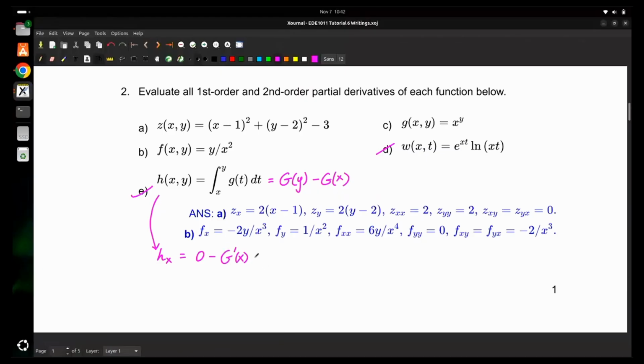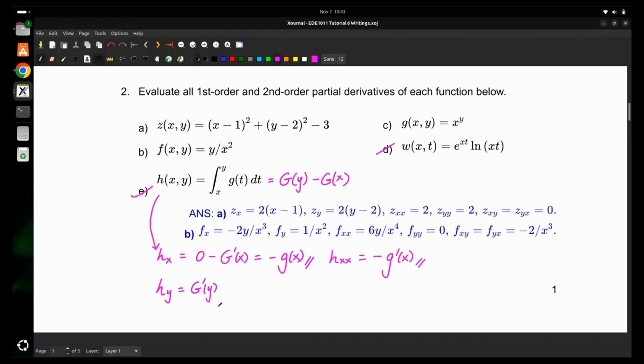Fundamental theorem of calculus. So this has to be minus small g of x. That's it. Then you differentiate one more time. So h sub xx is just differentiating this. So therefore it's just minus g prime of x. Is that alright? So then h sub y then. H sub y must be g prime y. Oh, sorry.